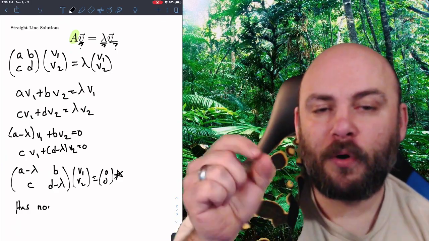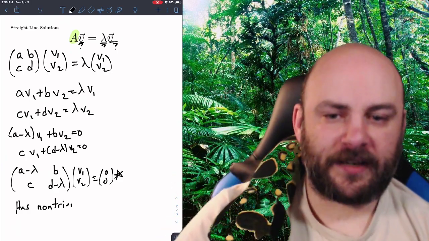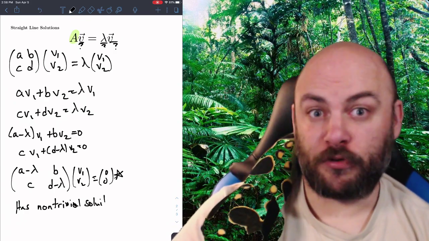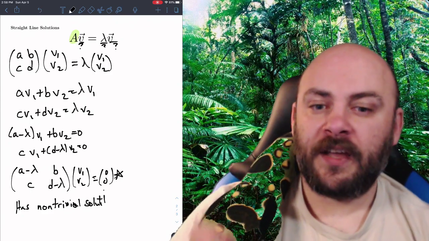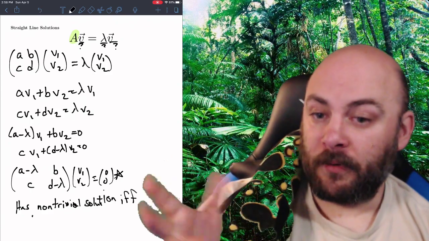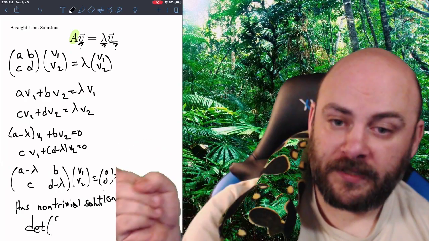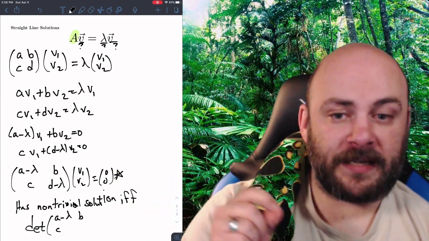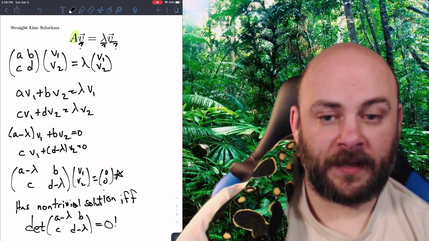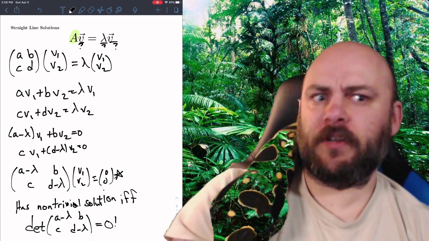Now, if we recall from April 6th's lecture, where we talked about when these systems of equations have non-trivial solutions or not, the only time this has a non-trivial solution is, if and only if, the determinant of that matrix, A minus lambda, B, C, D minus lambda, happens to equal 0. Now, why would we want a non-trivial solution?